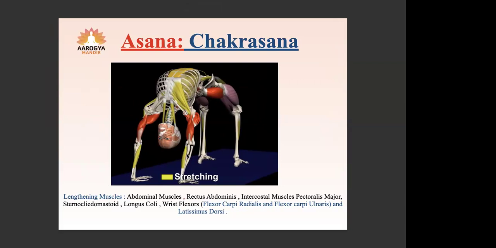And these are the wrist flexors. To name a few, flexor carpi radialis, flexor carpi ulnaris. So these are basically wrist flexors. These are the muscles which are getting stretched. Now let's have another view. Here we find intercostal muscles also getting stretched in this particular posture.